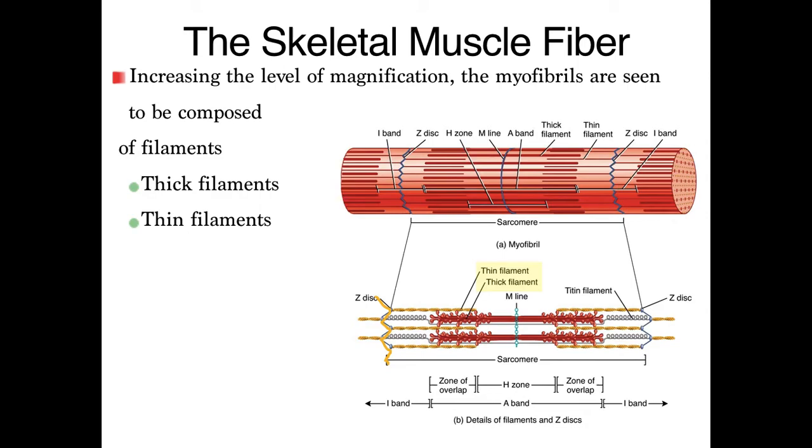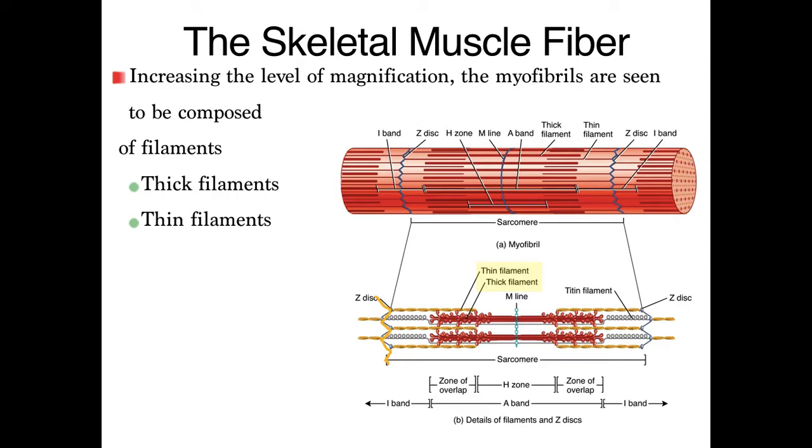And these heads bind the actin of the thin filaments here, right? So the thick filament, that's what's going to do the pulling, and the thin filament, that's what's going to be pulled, and it's going to be pulled towards the M line.